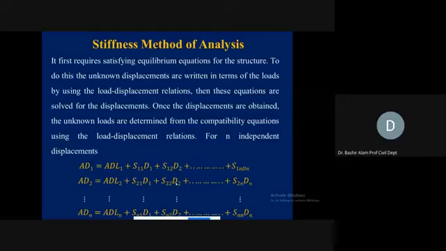After this, what happens now? It first requires the stiffness method analysis satisfying equilibrium equations. Originally, if we take the example of the hinge support, the moment at the hinge support was zero. But when you lock this by making it a restrained structure, what will happen?